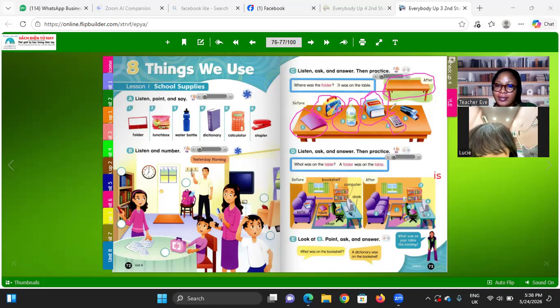It was on the table. Good. Okay, where is the stapler? It was on the table. Nice one. Good. Okay, that's correct.